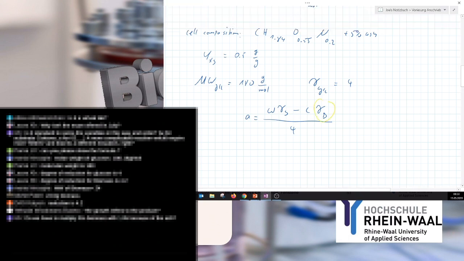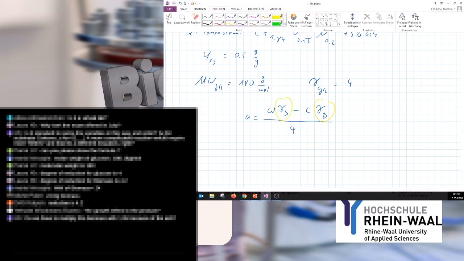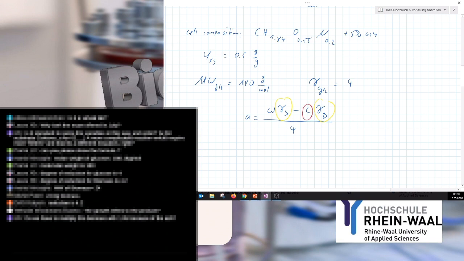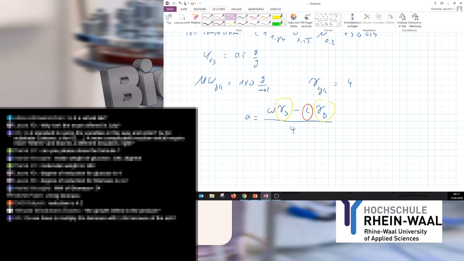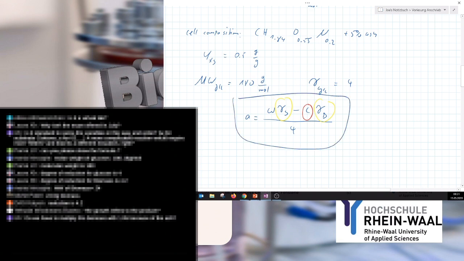So get used to the formulary. That's how you approach this. If you have this equation in the formulary, you check on the equation, what do I actually need? And you say, okay, I need the degrees of reduction. This is straightforward to calculate, and I need this stoichiometric coefficient C.